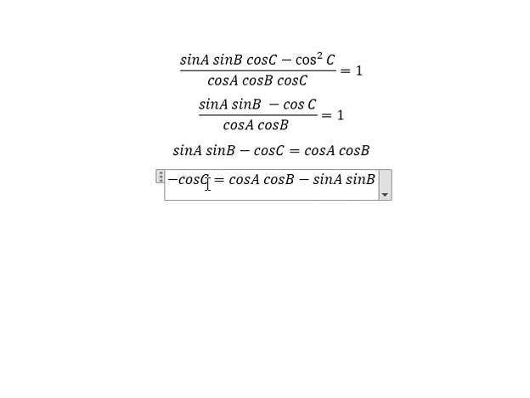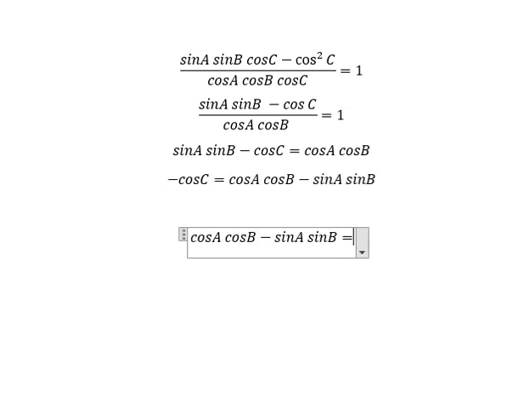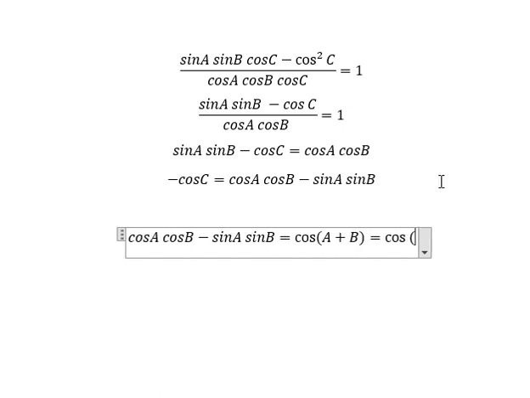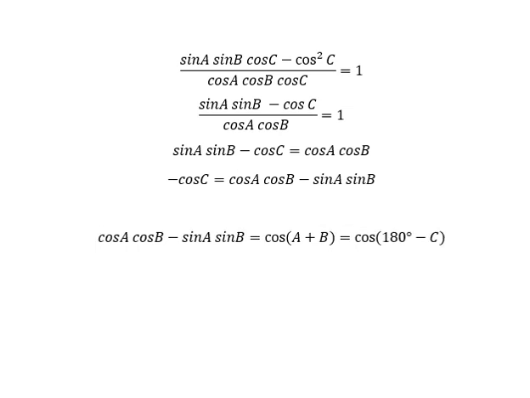Now we need to prove that this one equals to negative cosine C. This one that is about cosine of A plus B. And we know that A plus B, that is about 180 degrees minus C. And now that should be like this.